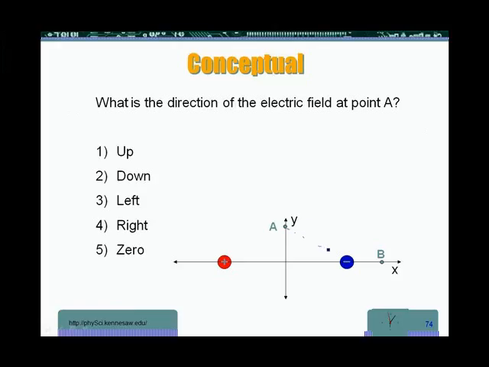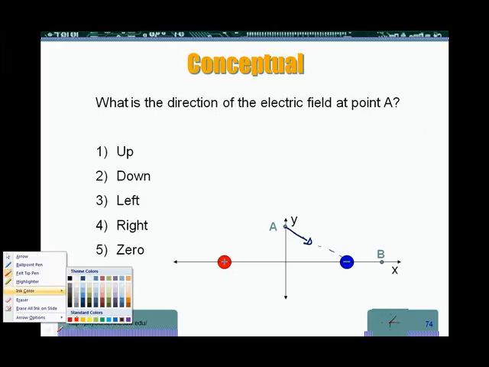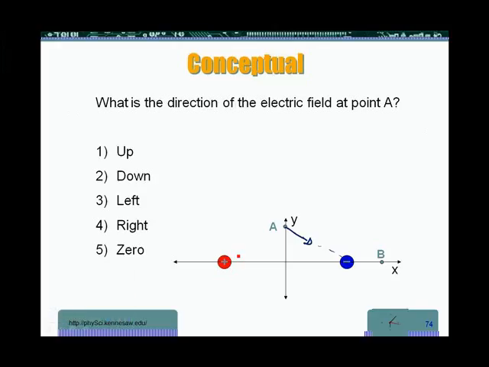So I'm going to draw the line joining the charge to the point, and draw the arrow pointing towards the charge. So this is the electrical field due to the negative charge. In the case of the positive charge, the electrical field should point away from the charge. So if I draw the line joining them, the electrical field should be like this.